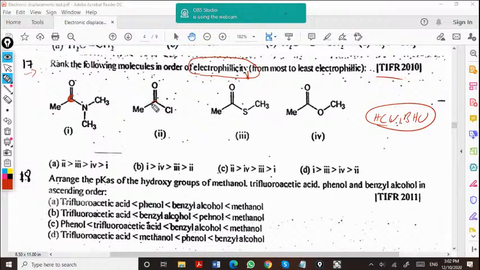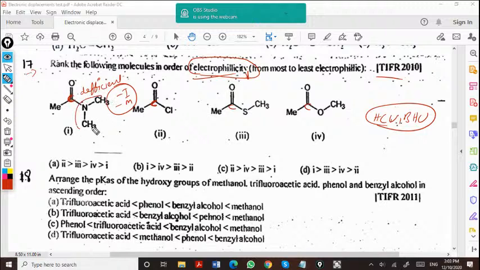So it will be the electrophilic point in every molecule. A carbon that is more electron deficient, with low electron density, can be more electrophilic in nature. So it must be attached to a minus I group or minus M group, which will decrease the electron density on the carbon.